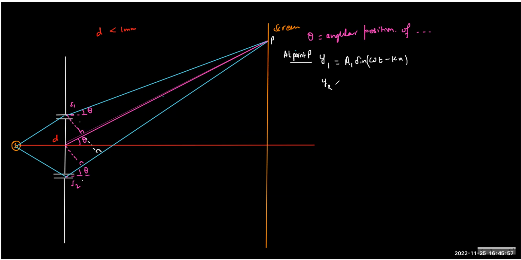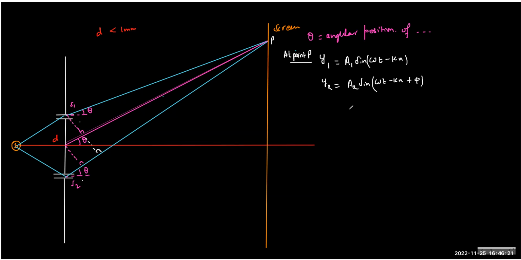And the second wave we can write as, let's add phi phase. So the second is leading in a way, it means the second has left early to reach point P. So it is leading by some phase difference phi.